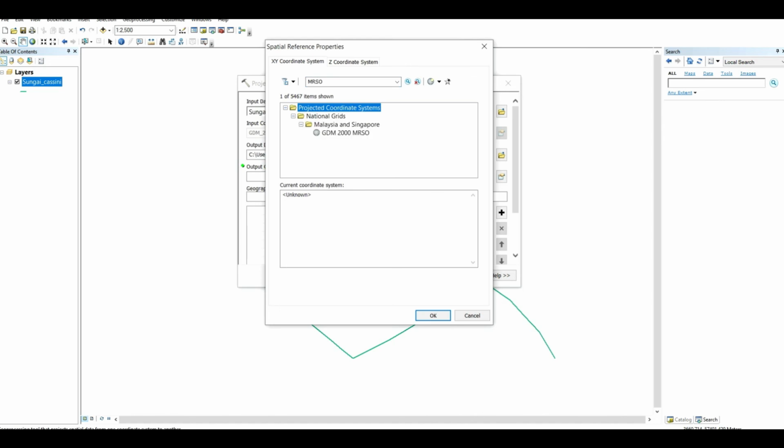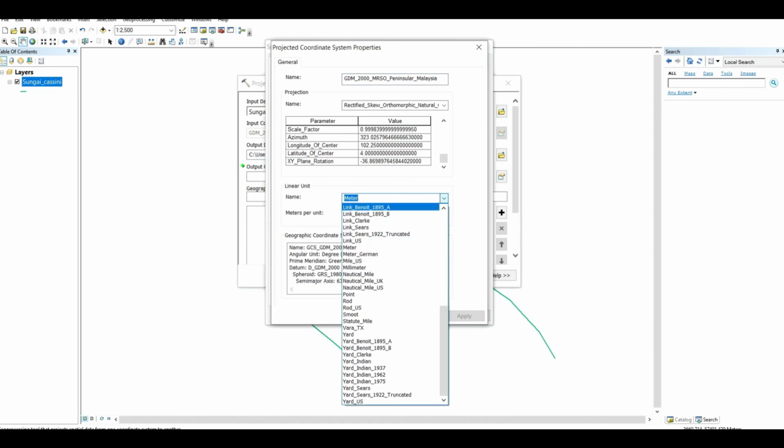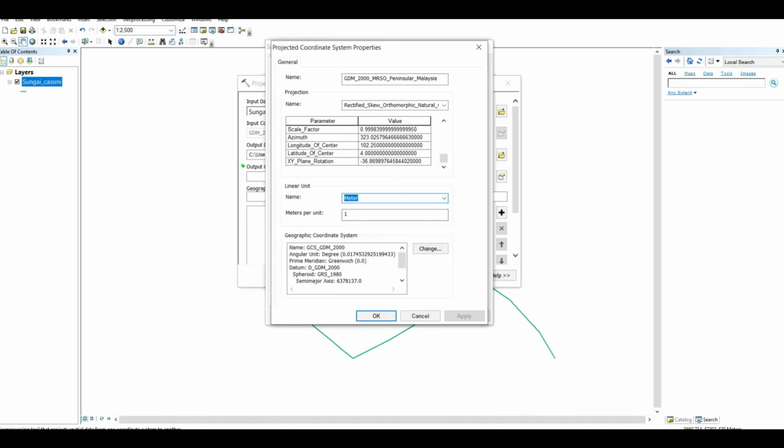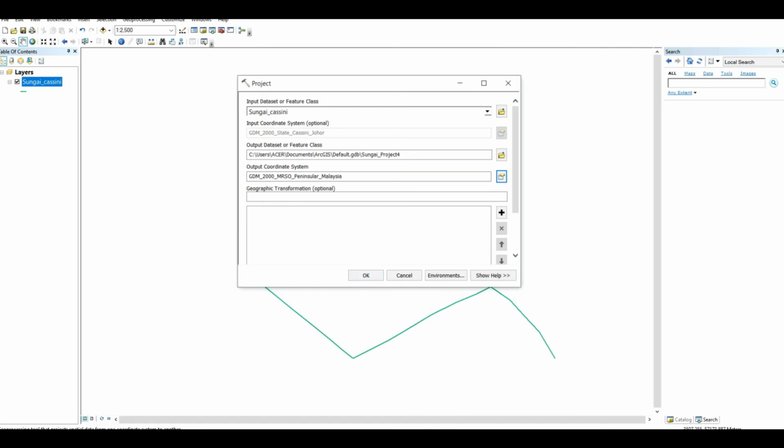So search at the column, and from here we can see the parameters: the longitude of center, latitude of center, azimuth, XY plane rotation, unit, and others. Then we click OK. Then proceed OK.